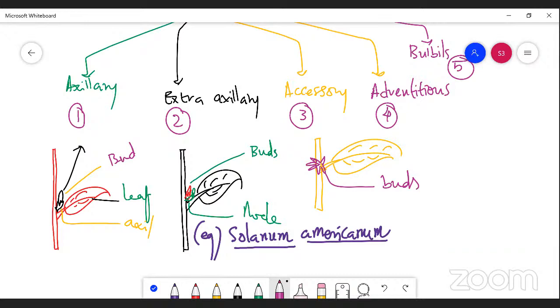Now these accessory buds are observed in the case of citrus. I can give some examples for accessory buds. The first, citrus, and the second, duranta. They are examples of accessory buds.